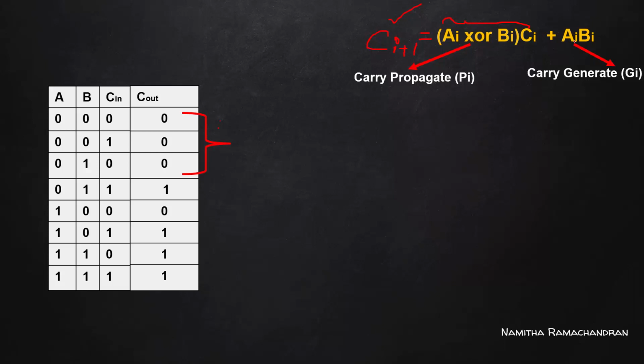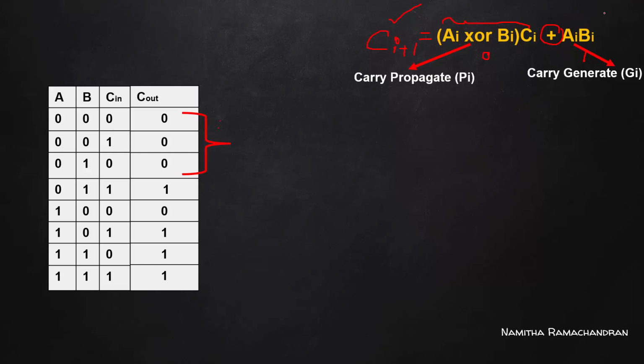In the other case, this term is 0 but this term is 1. This is actually an OR operation. So if this term is 0 and this term is 1, in that case also Ci plus 1 becomes 1. And if both this and this are 1, then also Ci plus 1 becomes 1. That means the carry out becomes 1.